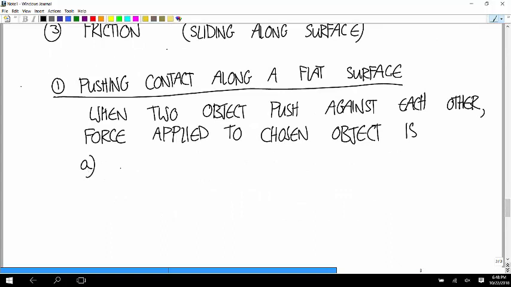It's first perpendicular to the surface of contact. So when I say contact along a flat surface, this surface of contact is that flat surface.